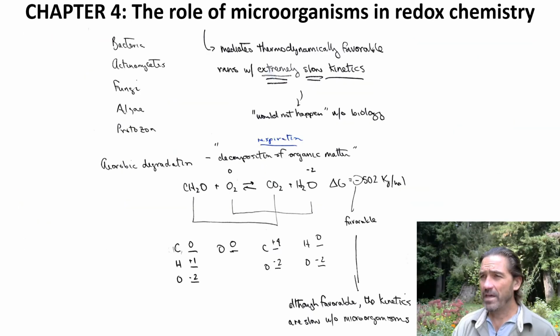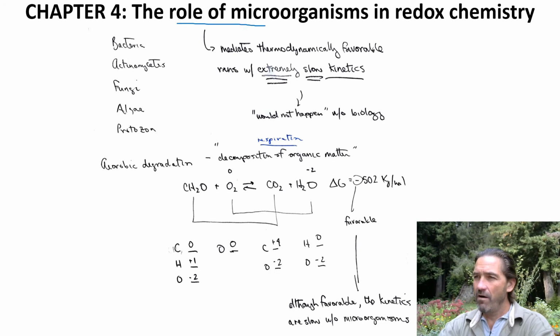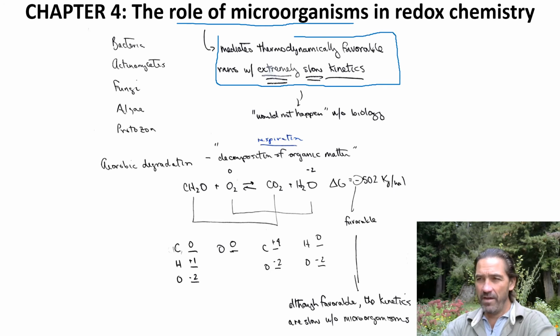So one application to this is just to be able to follow what's going on in redox reactions. Many of the important redox reactions in nature are performed by microorganisms. And the reactions that they completely own are those that are thermodynamically favorable.